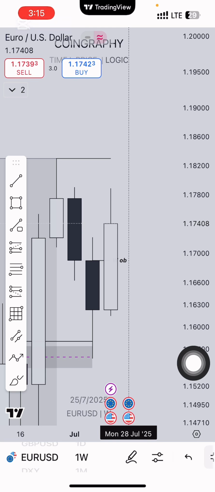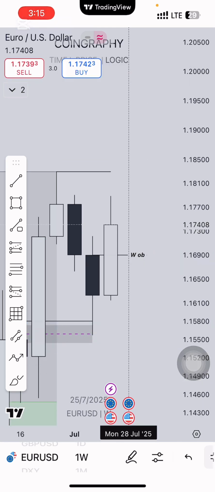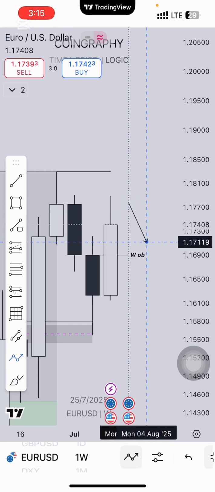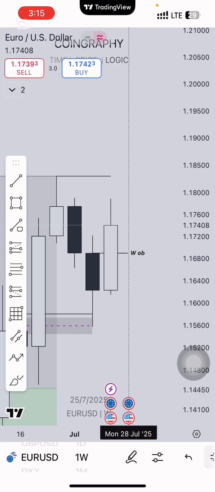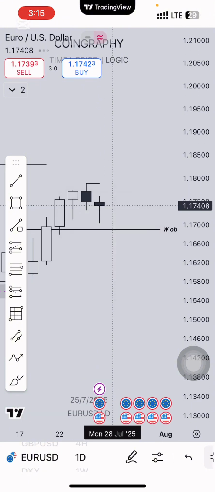My short-term draw on liquidity will be this weekly order block. Why? Because we're expecting price to tap into this weekly order block to form a CISD, and then move higher. So that's what I'm looking at for this week.